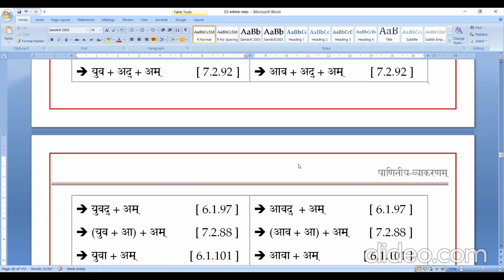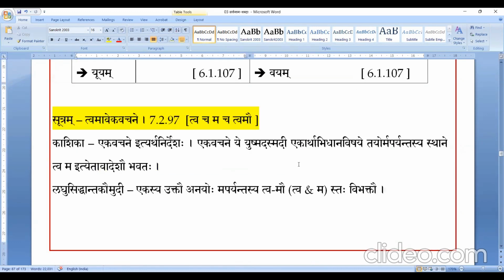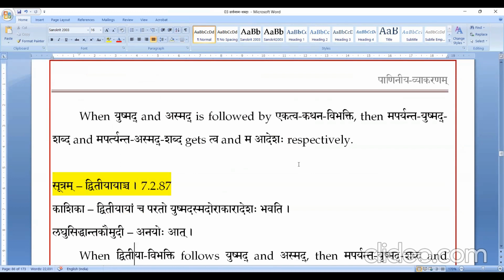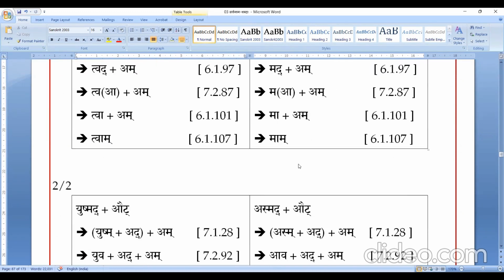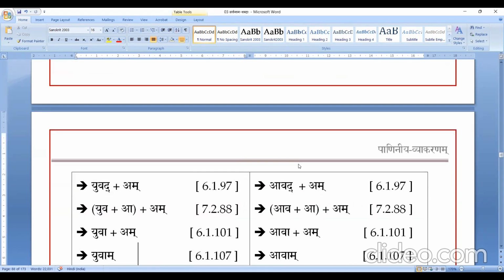Now by 7.2.88, the sutra is Pratamayoh, Pratamayascha dvivachane bhashayam.